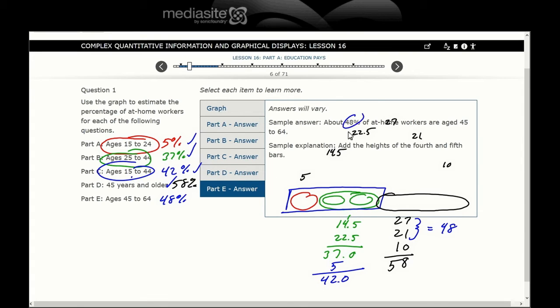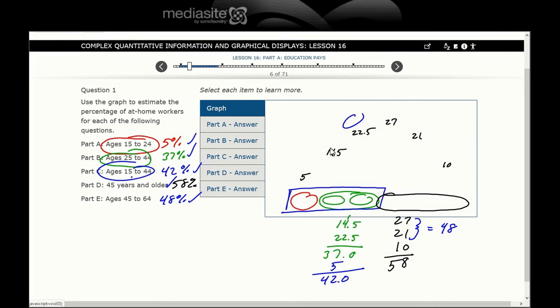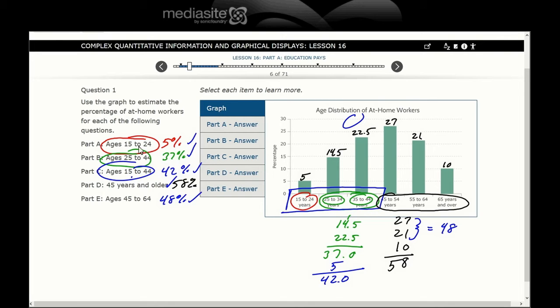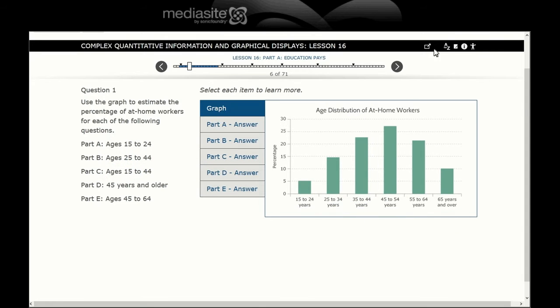And 48. Check. Okay. So either read these questions or the range of values being asked for, because it may go over multiple categories. Common source of error.